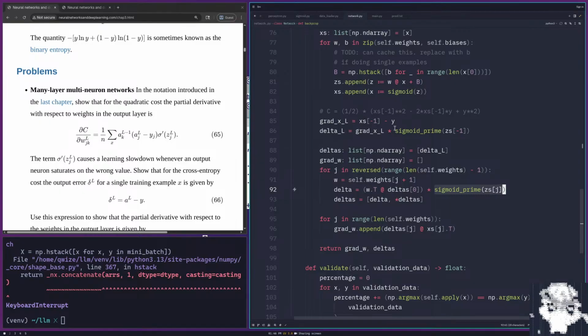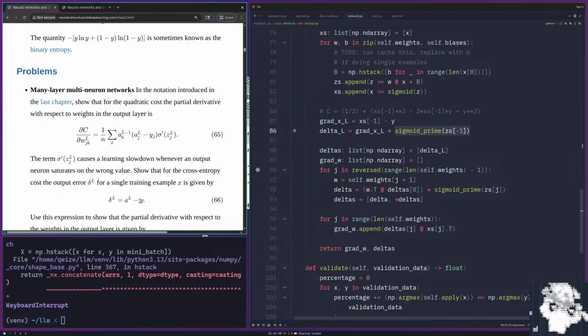Which would have been this, which would have been removing the thing here and putting a 1 here. So yeah, we already know this. We already read that that's what would happen.